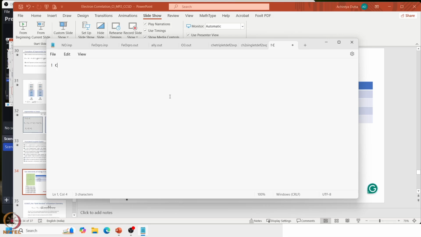If I want to do coupled cluster, I will write CCSD, coupled cluster singles, doubles. I need to give the basis set, def2. Let me increase the view a little bit. It's an atom.